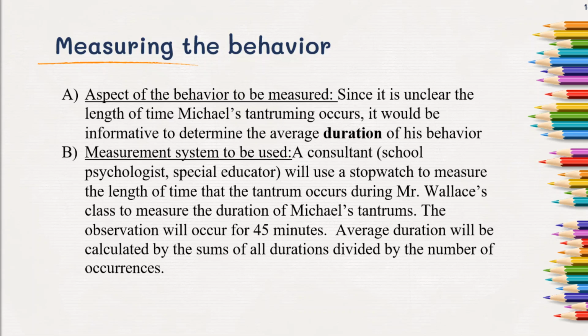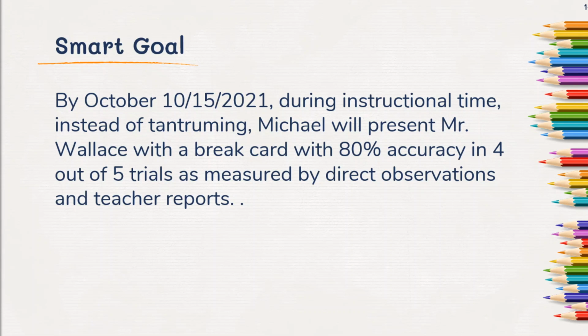So if you wanted to, you could say they're going to observe during 2 portions of the day, for recess and maybe instructional time, for example. You can also change the number of minutes the observation period lasts depending on what makes sense for the prompt that you're given. So now last, I'm going to show you an example of a SMART goal.